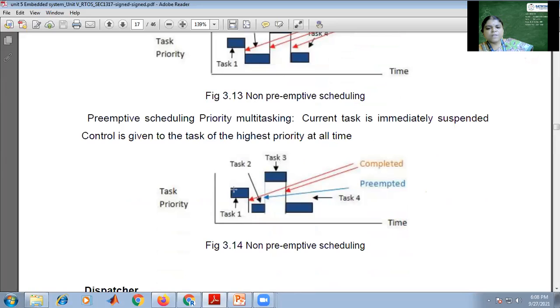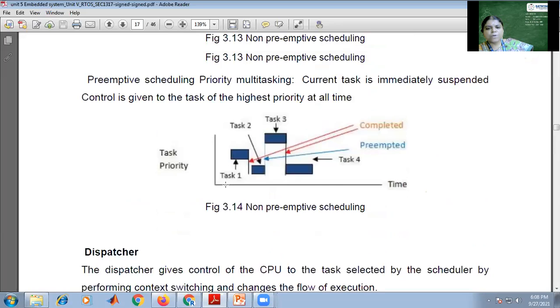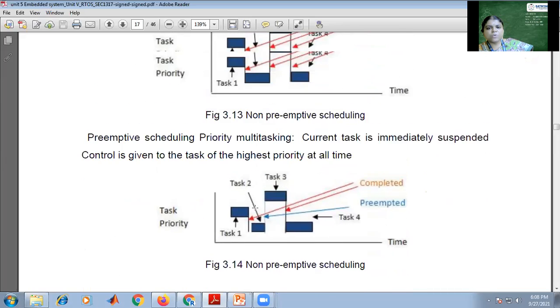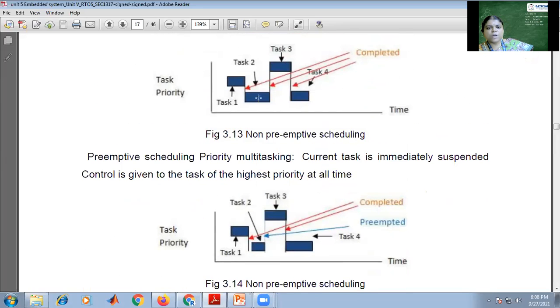Whereas in this case, see, task 1 first takes control of the CPU. Then task 2 comes, and task 2 is not fully complete. Task 1 is completed, but task 2 is not.